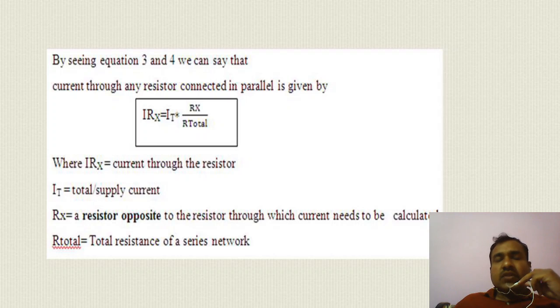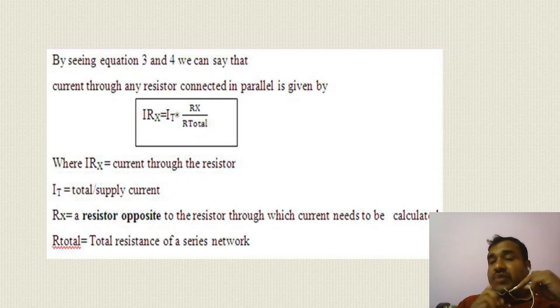Current through any resistance connected in parallel is given by IRX is equal to IT into RX divided by R total. Here IRX is the current through any resistance that is connected in parallel, IT is the supply current or total current, and RX is the resistance that is opposite to the resistance at which you want to calculate the current.